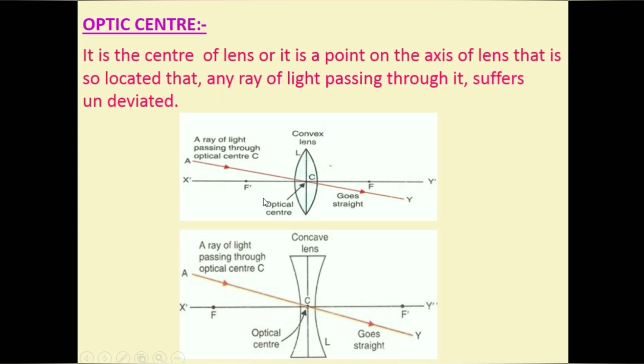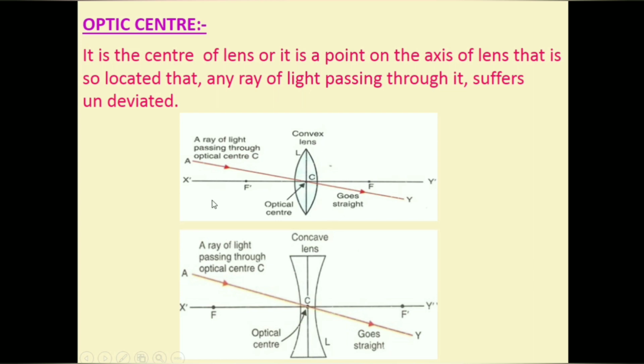See here, for convex lens or concave, we can consider any type of lens. We know that a lens is bounded by two surfaces. Remember, whenever it is bounded by two surfaces, these lenses have two centers of curvature and two radii of curvature. The first surface has its center of curvature on the right side, and the second surface has its center of curvature on the left side.